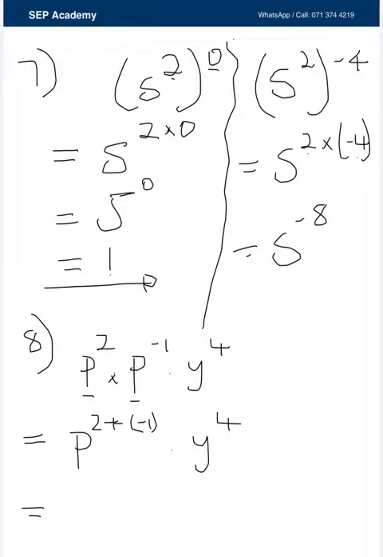Definitely when you say 2 plus negative 1, it will give you a 1, multiplying that y to the exponent of 4, and that should be the end of it. Or even if you just write it as p, we know you've got an invisible 1 if you don't write anything, to the exponent of 4. Then that is the end of it. I hope that makes some sense.